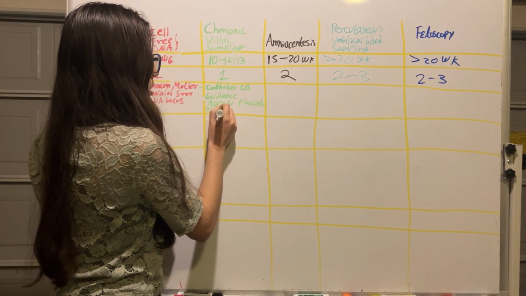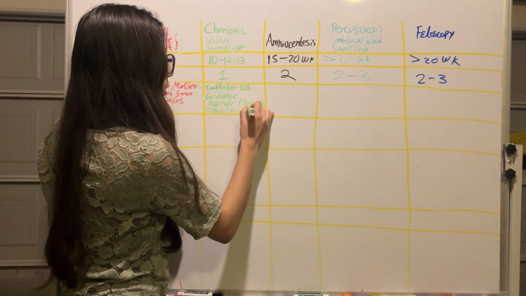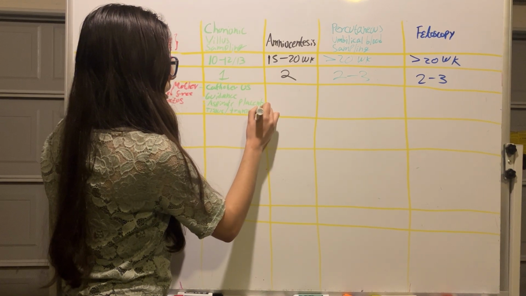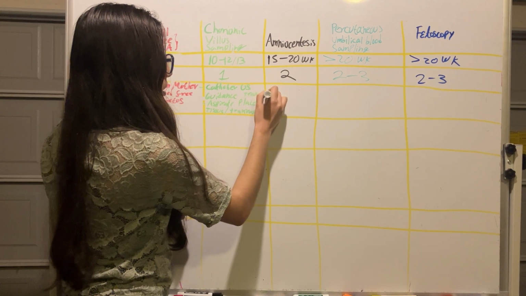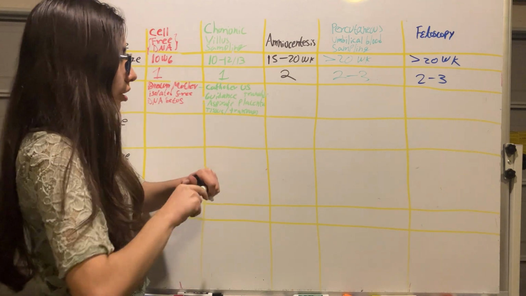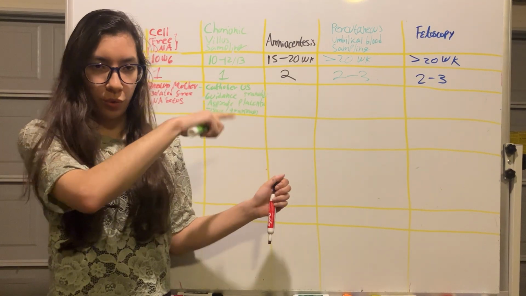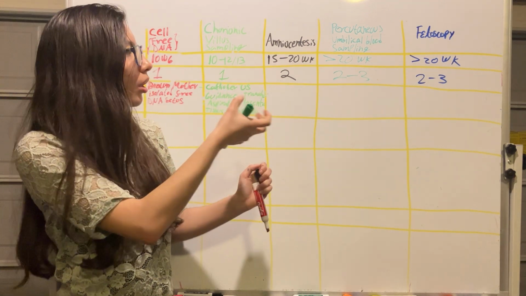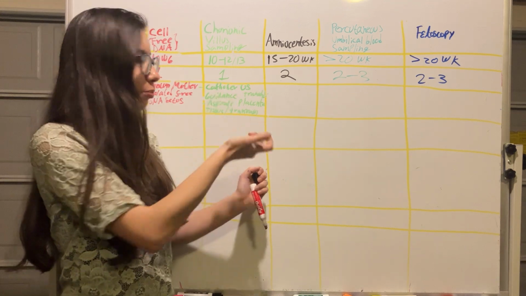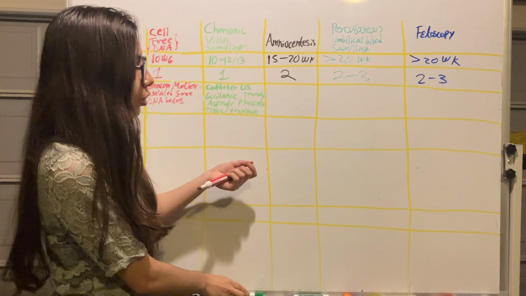And this is done via transvaginal or transabdominal. And so we insert a catheter all the way to where the placenta is inserted, and we aspirate chorionic tissue, which is placental tissue. But we are not going to touch the fetus.